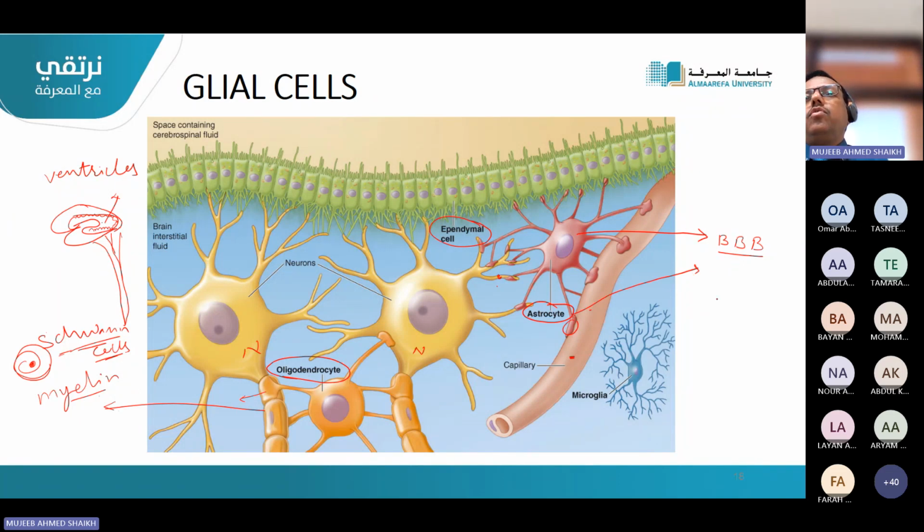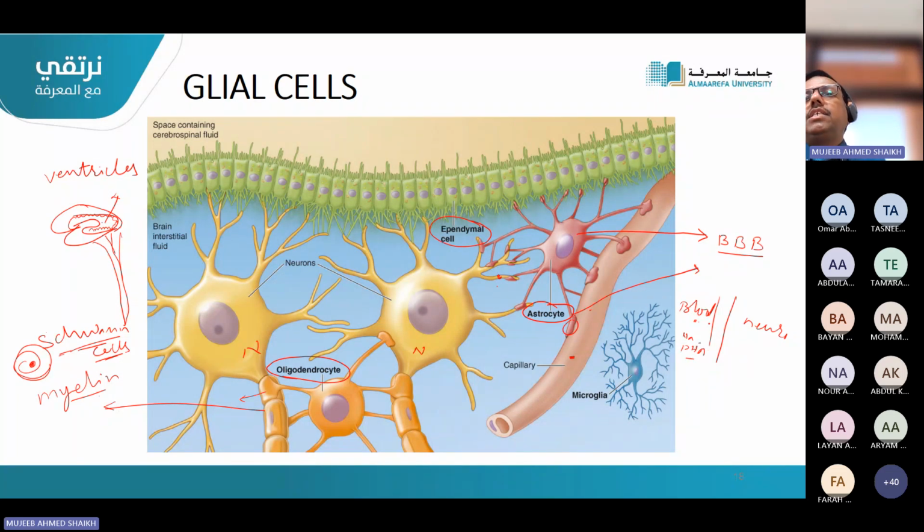That means if you see here, it is the blood, and here are the neurons. Anything which is present in the blood, let's say we eat some meal containing some chemicals, maybe sodium, maybe phosphate, maybe any different chemical.